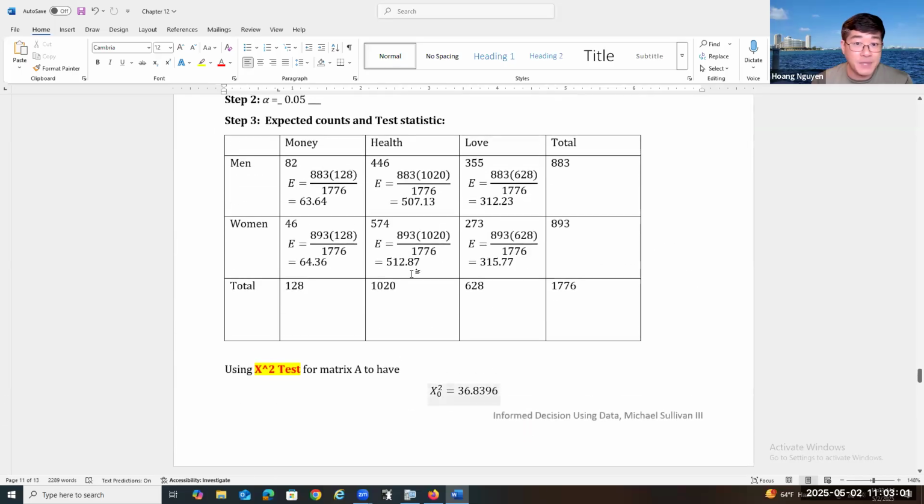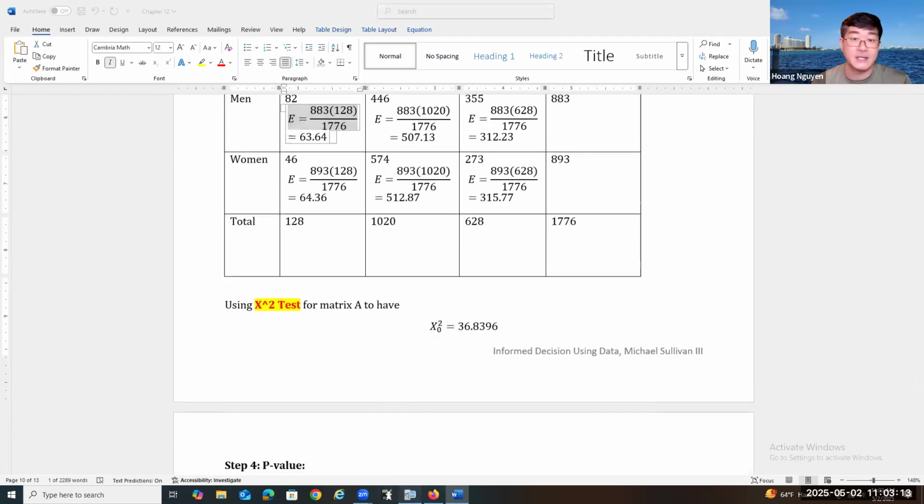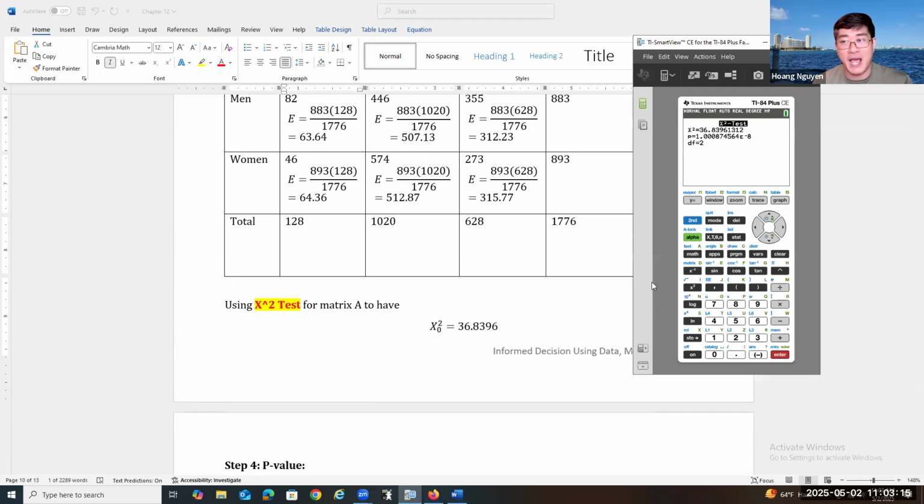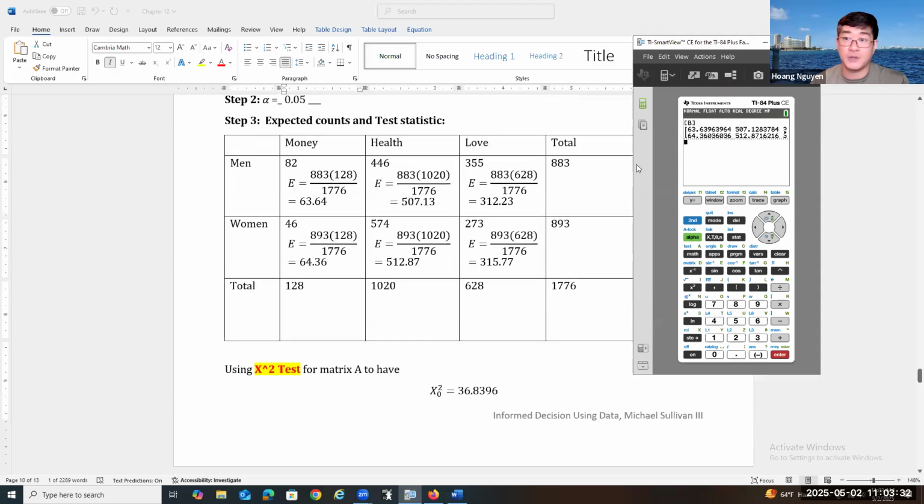So let me show you something right here. For this question, we just completed the calculation for the expected frequency by hand. But when you're using the shortcut, the chi-square test, the calculator already gave you the answer for the expected frequency in matrix B. So let's take a look at matrix B. We go second matrix, go down to matrix B, and hit enter. Now you can see there's some output in matrix B. The first value is 63.64 and then 64.36.